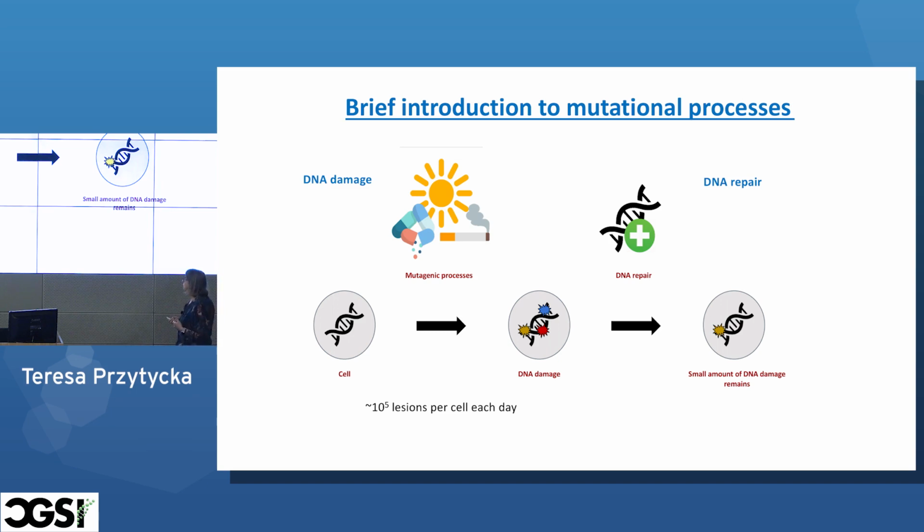On the other hand, it's also possible that a DNA repair mechanism in a given individual is weakened in some way. It may be because of germline mutations or some other random factors, and then that will also cause a leakage of unrepaired lesions and an increased mutational burden.